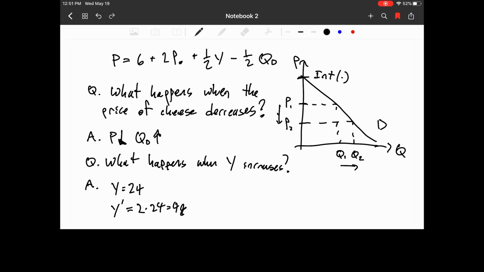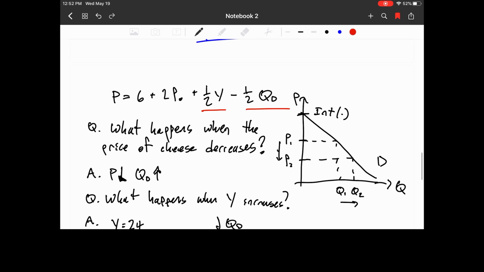And the derivative we're interested in is how does the quantity demanded change when income changes? And here, just looking at the equation, we have two parts, and they're both on the right-hand side. So this is our inverse demand equation.